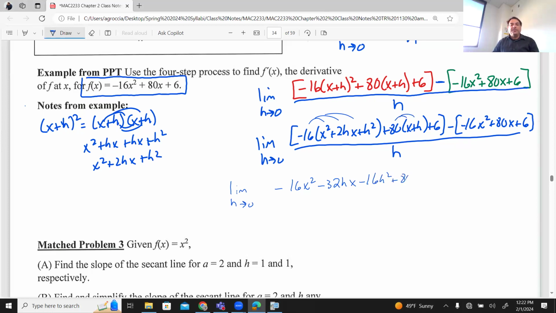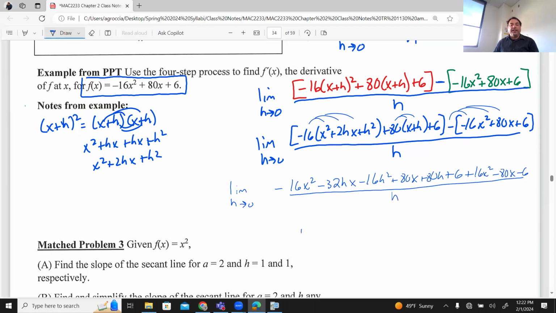Distribute the 80: plus 80x plus 80h plus 6. Then don't forget to distribute the subtraction. So that's plus 16x squared minus 80x minus 6, all over h.